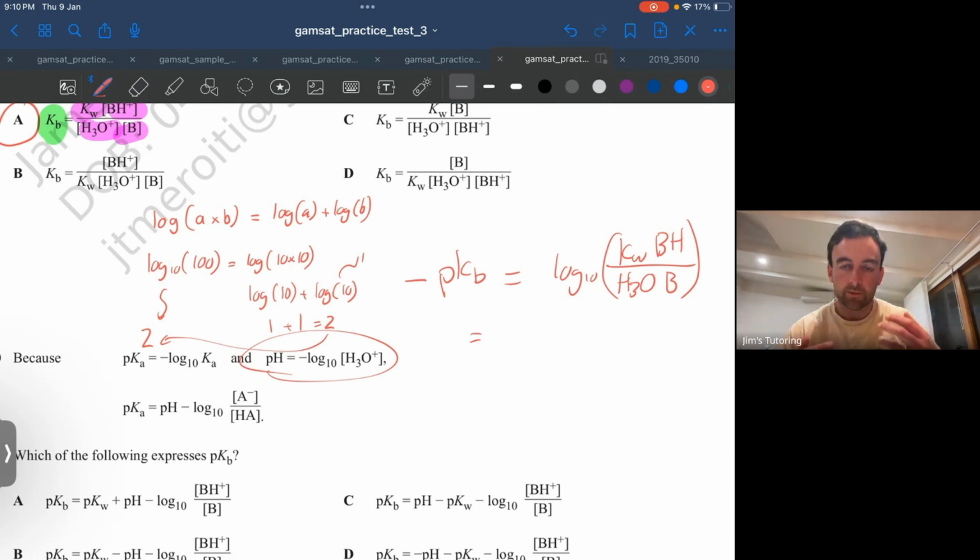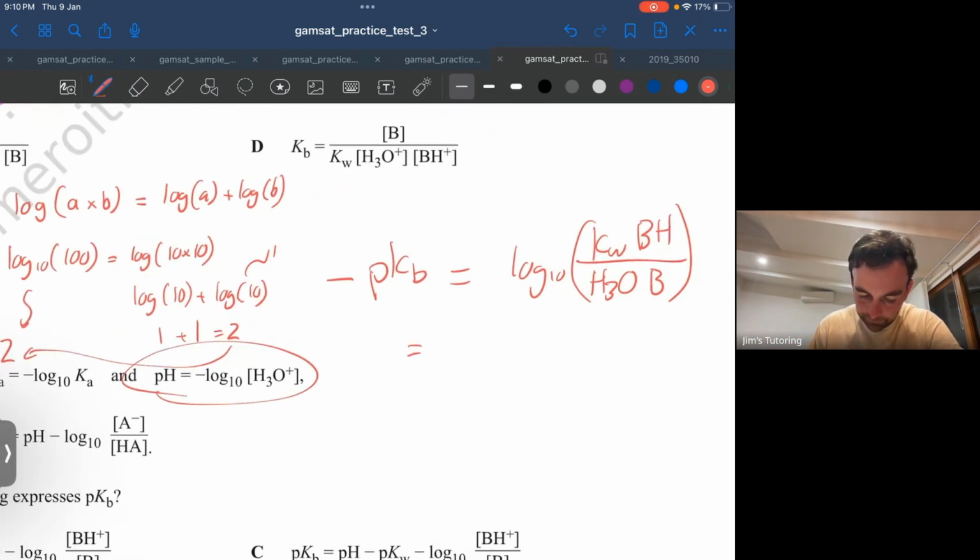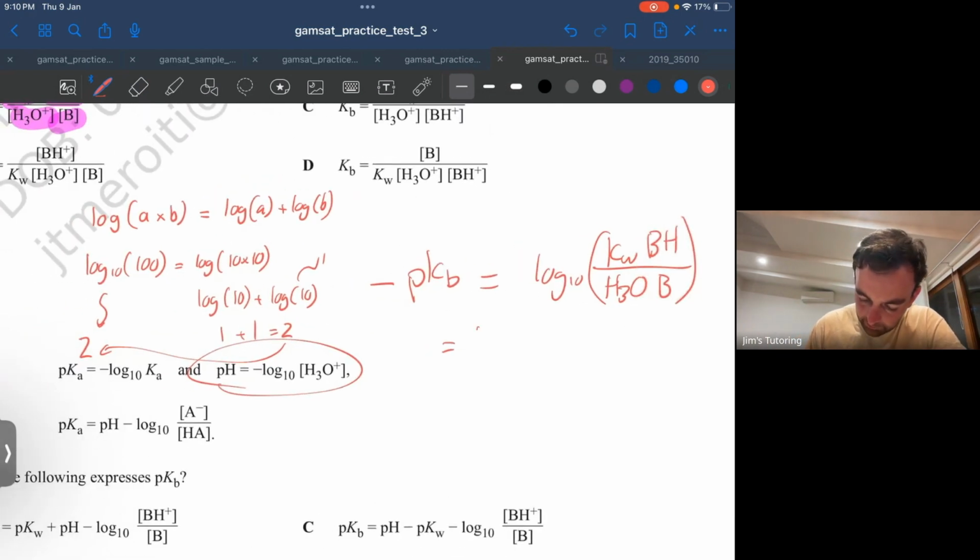And to me, it just seems simpler to move the negative to the other side, and I can always bring it back later. So I've got this. I'm going to rewrite this as log 10 of KW over H. How am I going to? I'll do this. Yeah.